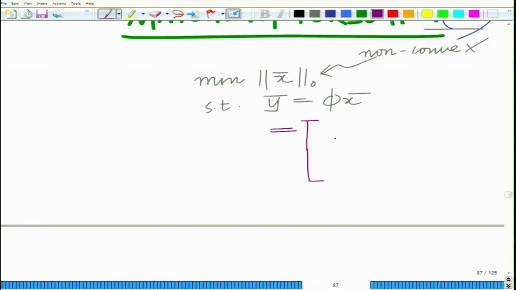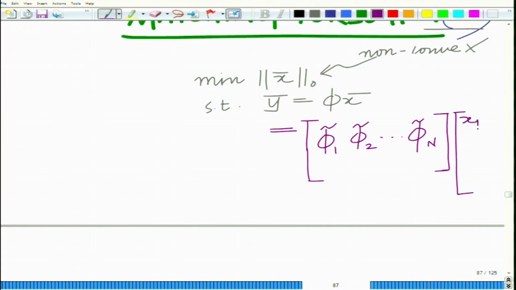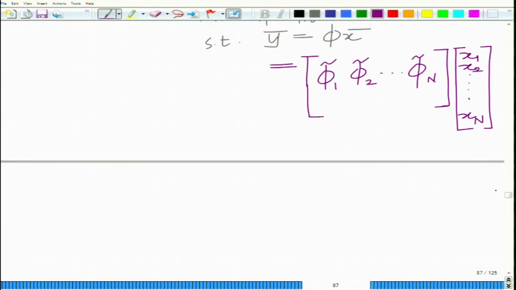Since we call the rows phi 1 bar, I am calling the columns phi 1 tilde, phi 2 tilde. Since this is an m cross n matrix, there are n columns. Okay. So, this is phi n tilde, times x1, x2 up to xn, and so these are n columns of the matrix phi.